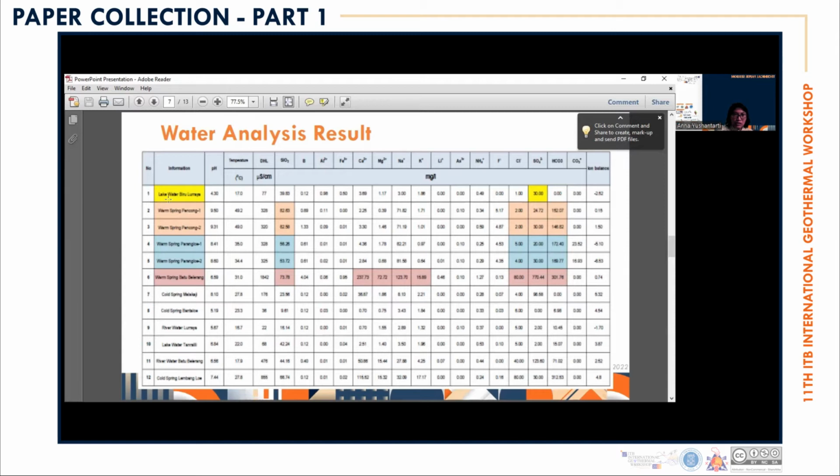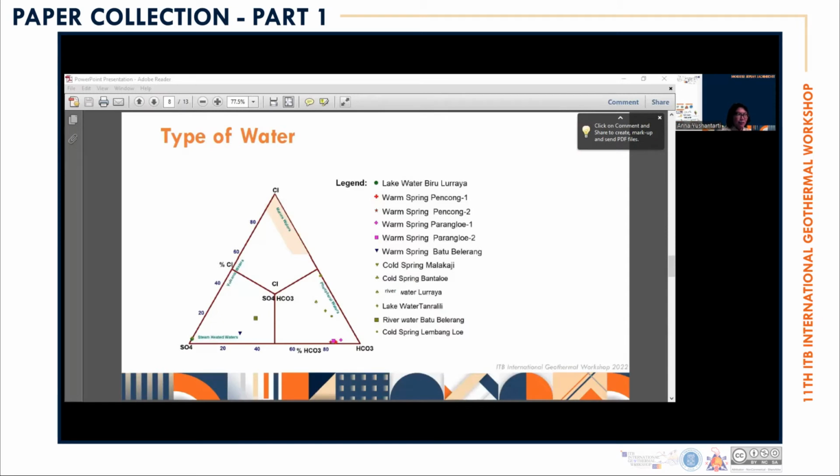And the cold water of Lake Biru Luraya only has a dilute concentration, but dominantly has sulfate, about 13 milligram per liter. The triangular diagram of chloride, sulfate, and bicarbonate shows that Pencong 1, Pencong 2, Paranglo 1 and Paranglo 2 warm springs are bicarbonate.